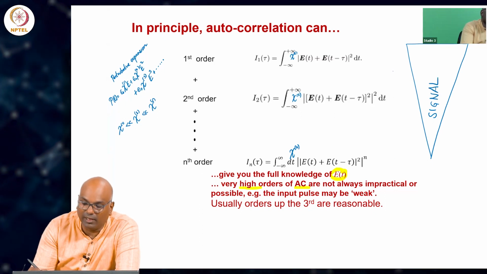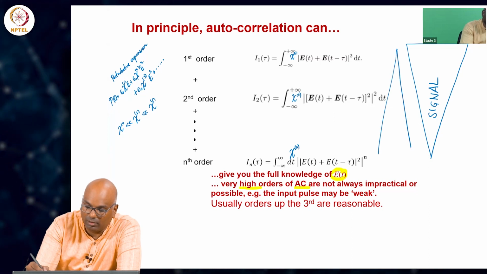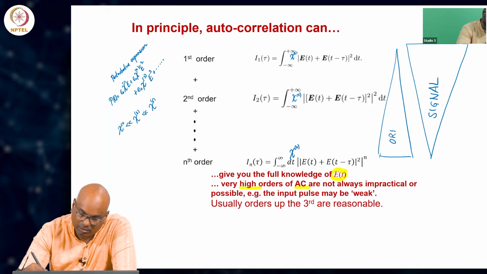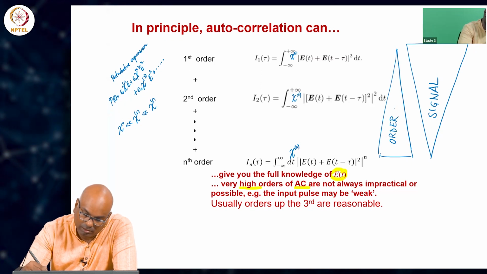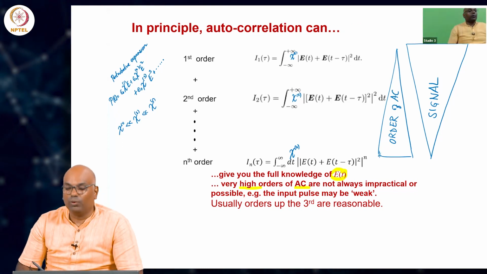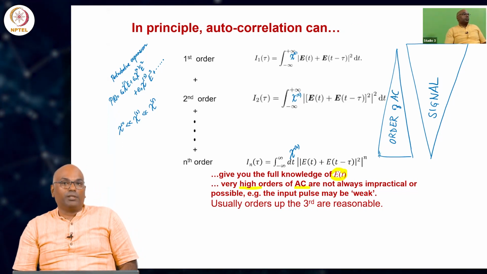The signal is getting weaker while the order of autocorrelation increases as we go down. They have this sort of reciprocal relationship, unfortunately.